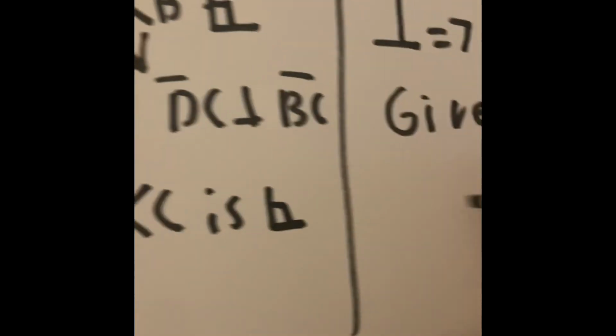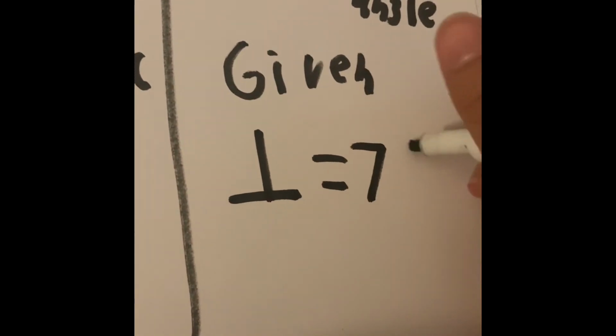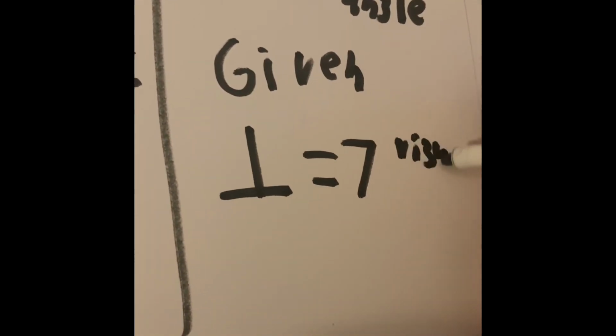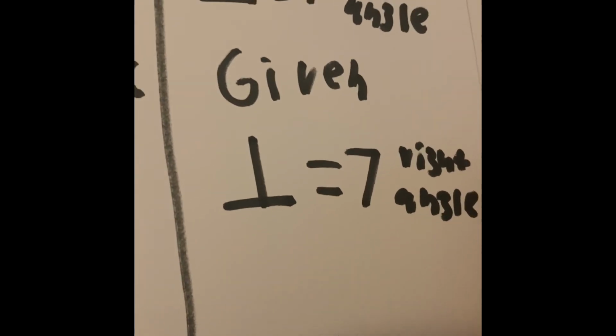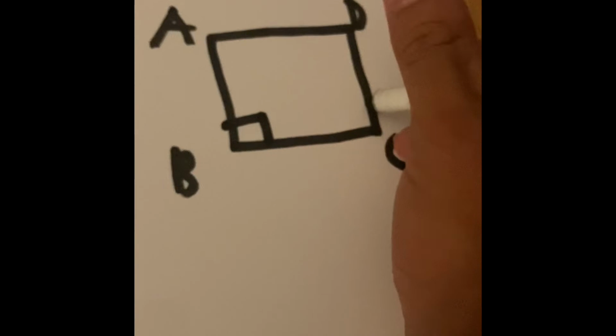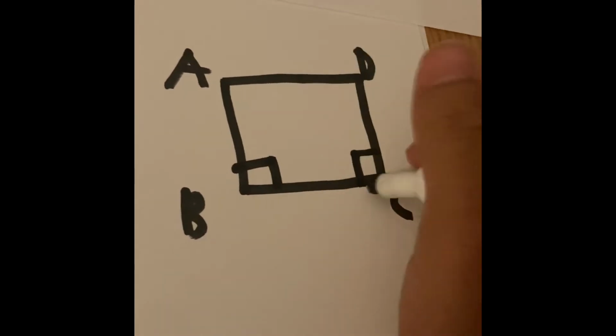We could also say that the perpendicular line can bring us to another right angle. That is saying angle C is also 90 degrees. These two are now perpendicular.